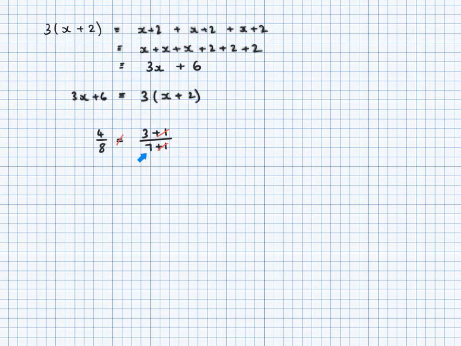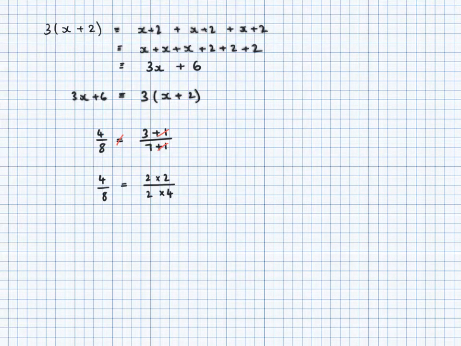But what we can do is, suppose here we wrote the 4/8 as an addition at the top and an addition at the bottom. Suppose we wrote it as a multiplication. Watch what happens now. Let's say 4/8 is equal to 2 times 2 over 2 times 4.